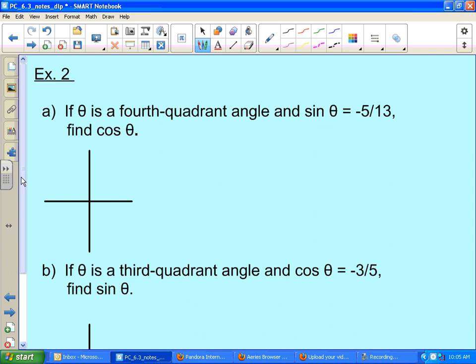Just like the last problem, where a point was given to us that helped us figure out where we are, now we've been told we're in the 4th quadrant with a sine that produces this ratio. Remember, it's y over r, which means I know my y is negative 5, and I know my r is 13.